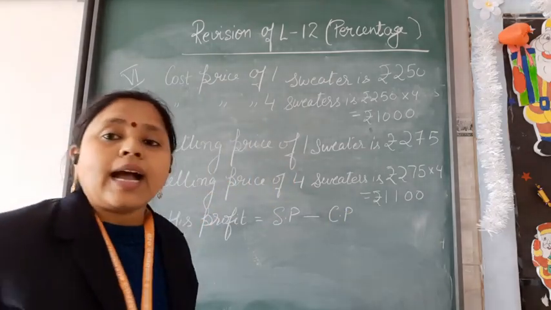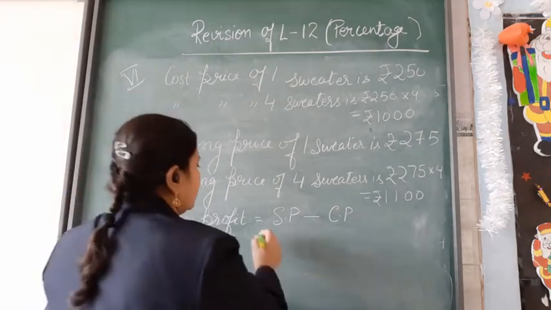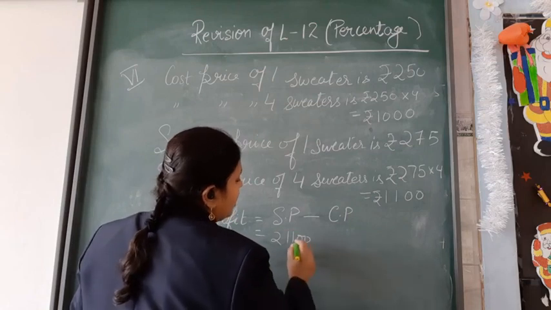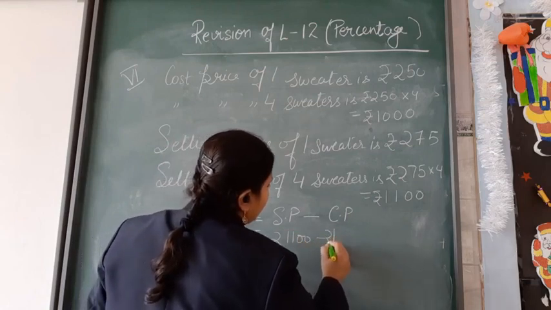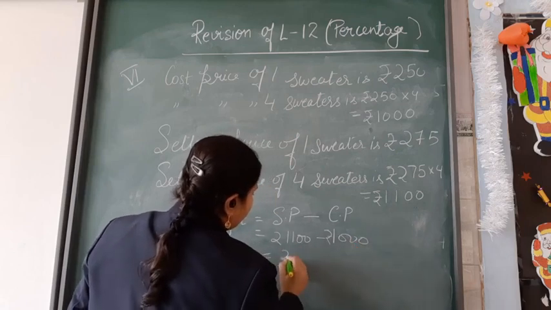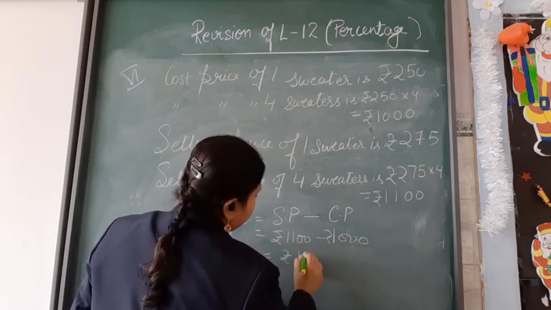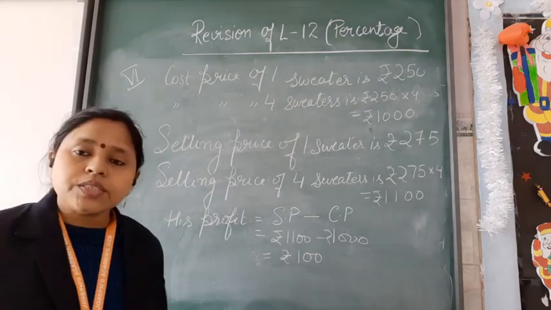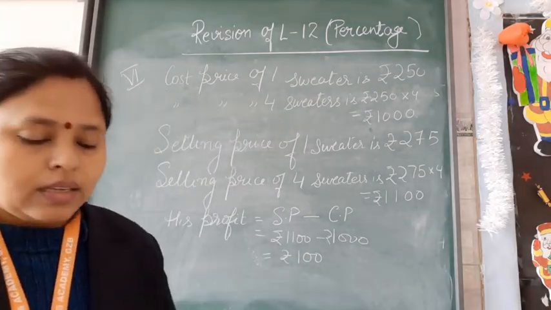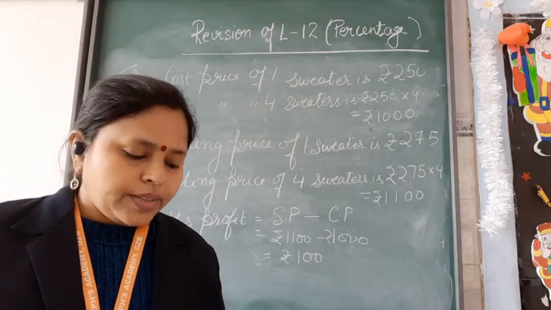That is the price at which he bought the sweaters. So rupees 1100 minus rupees 1000, which is equal to rupees 100. Okay children? So this is the profit that he got.